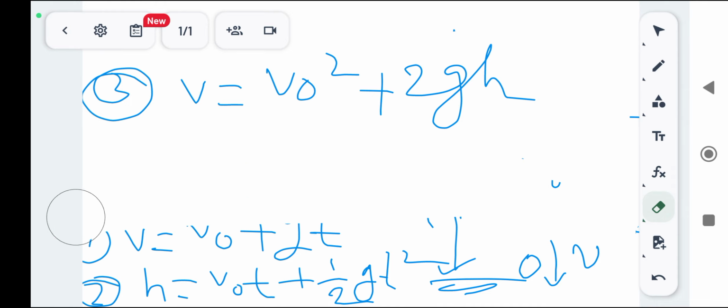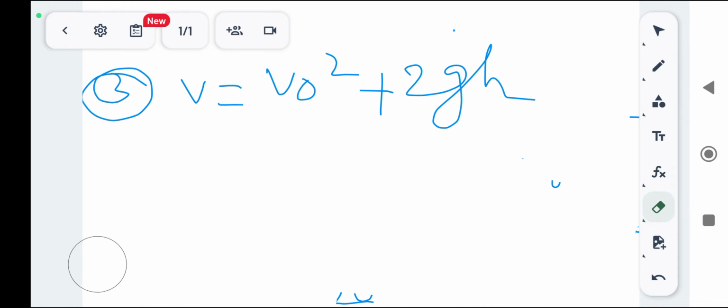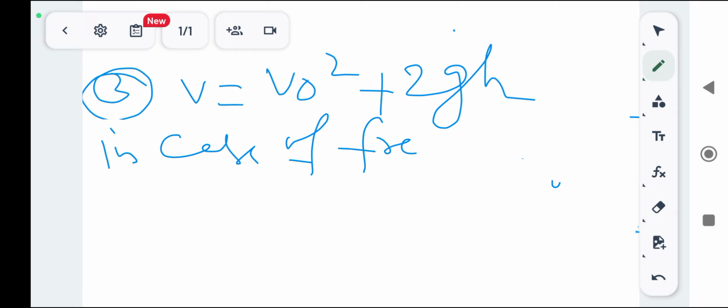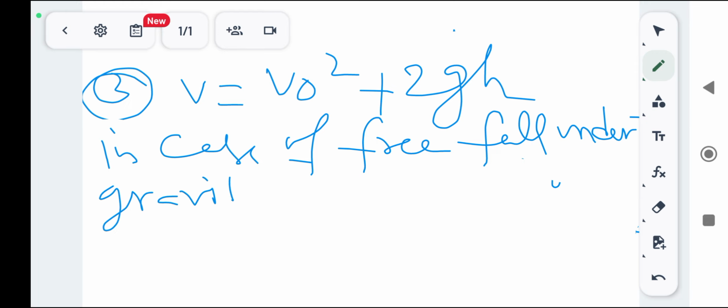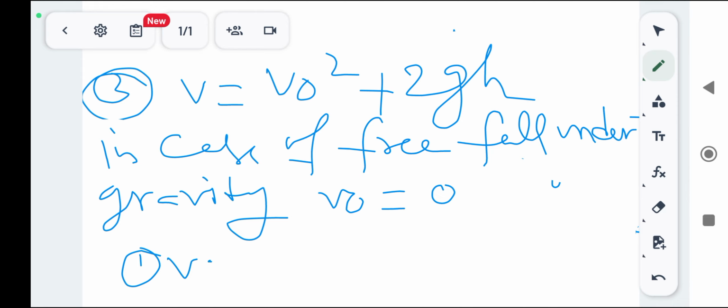Now in case of free fall under gravity, v0 is equal to 0. Then the first equation is v is equal to gt.